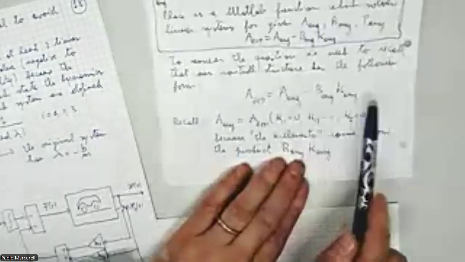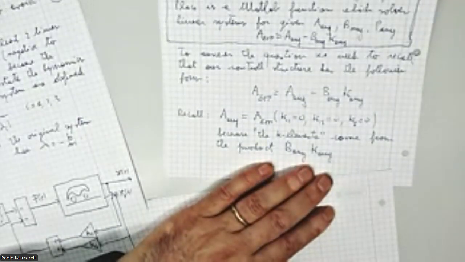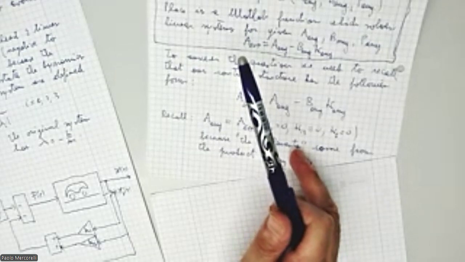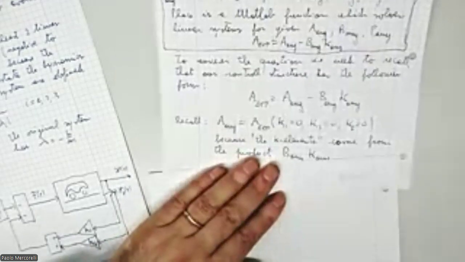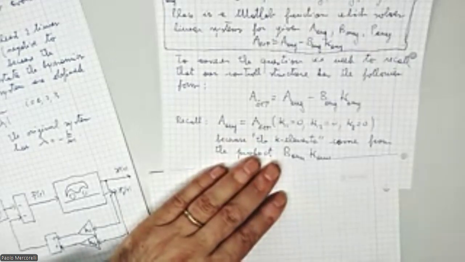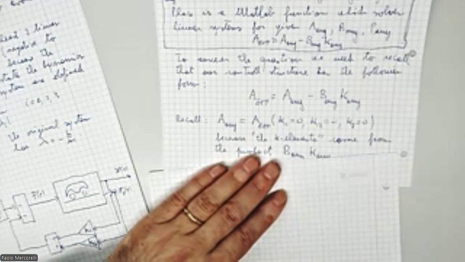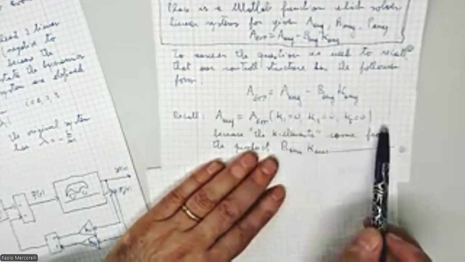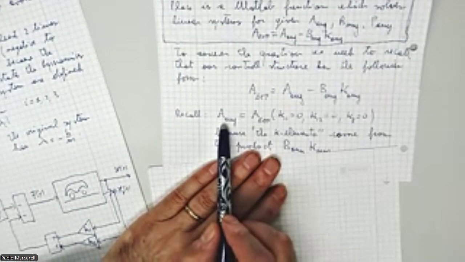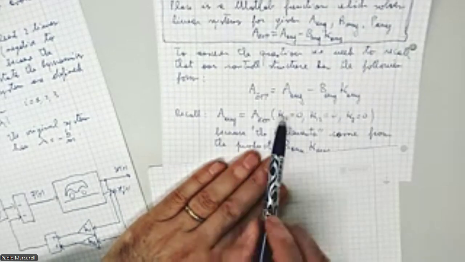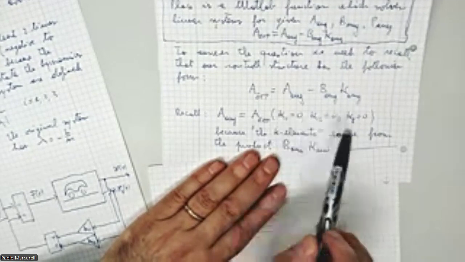We know what K augmented is. But of course, we don't know A augmented and B augmented. It's not so difficult, because we have many different ways to proceed. But one possibility is this: A augmented is A extended, in which I put K11, K12, Ki equal to 0.